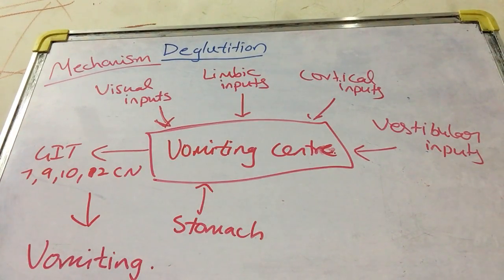Entry of this vomitus into the trachea is prevented by central movement of the vocal cords, that is closure of the glottis and inhibition of respiration. During deglutition also the entry of food into the air passage is prevented by the closure of the larynx, that is by abduction of the vocal cords. The same process occurs during vomiting also, so that the vomitus will not enter into the trachea.